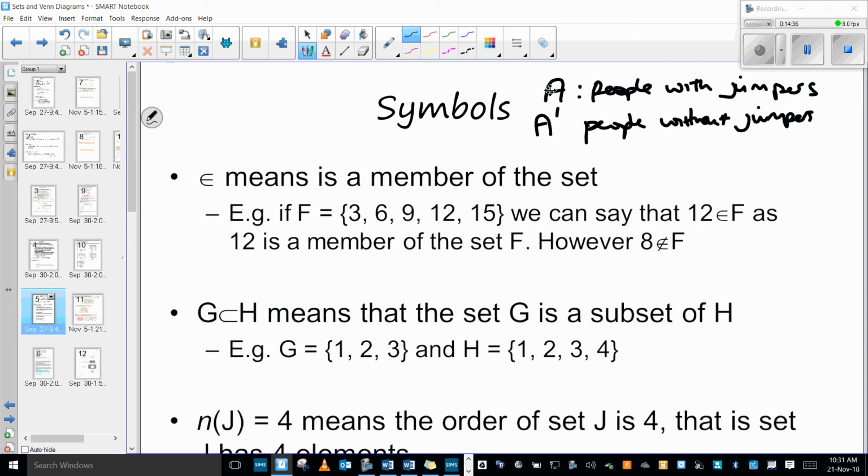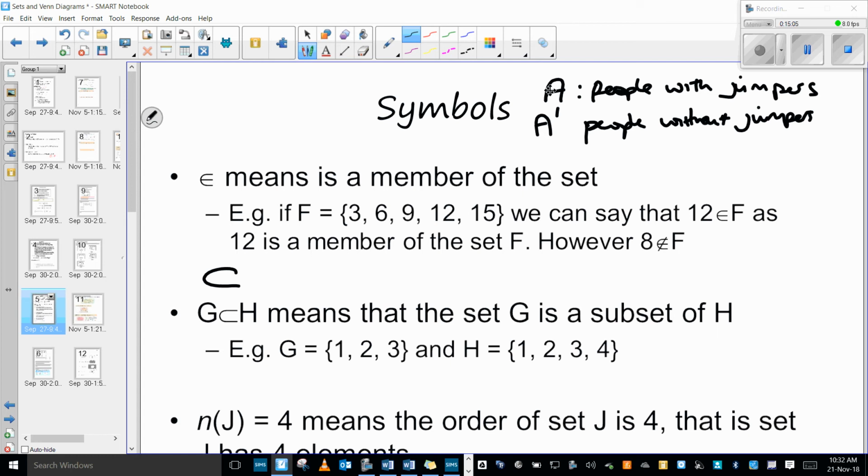Again, I'm sorry, I've put together several different documents, so there are repeats. Here's E being a member of the set. We would say 12 is a member of set F, 8 is not a member. Now this symbol, a kind of a C, means it's a subset. If something is a subset, it is completely within another set.